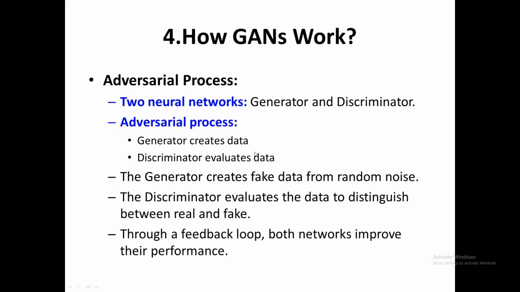The generator creates fake data from random noise. The discriminator evaluates the data to distinguish between real and fake. Through a feedback loop, both networks improve their performance. By using the feedback, that is backpropagation, both the discriminator and the generator improve their performance by tuning the error.